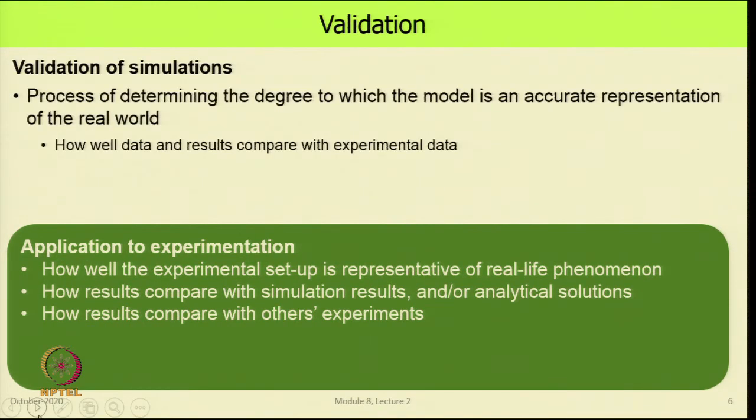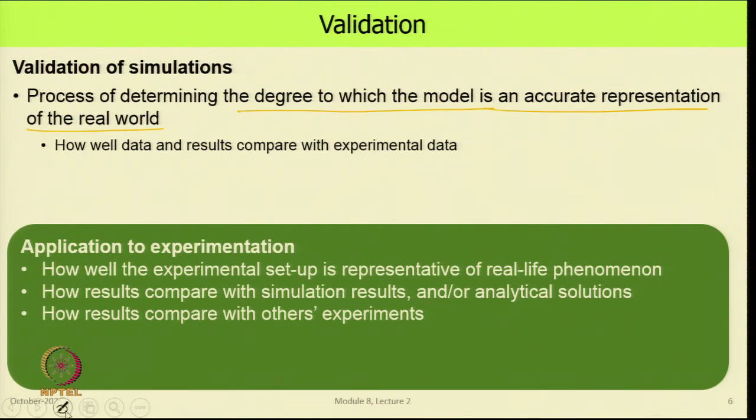Now, we come to validation. Validation of simulations according to the V and V standards is the process of determining the degree to which the model is an accurate representation of the real world. So, here we make various modifications, starting with the geometrical model.